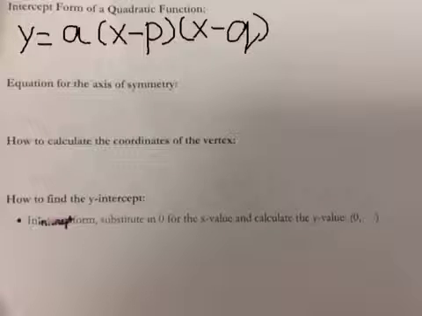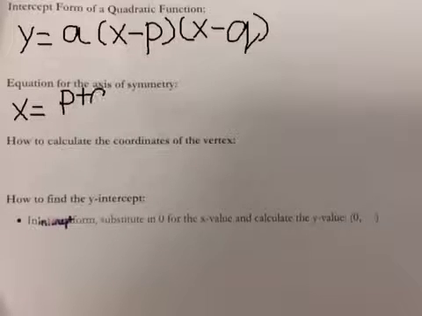In order to determine the axis of symmetry, it is x equals the average of p and q. This is similar to vertex form because our p and q values are the opposite of what's in our equation.